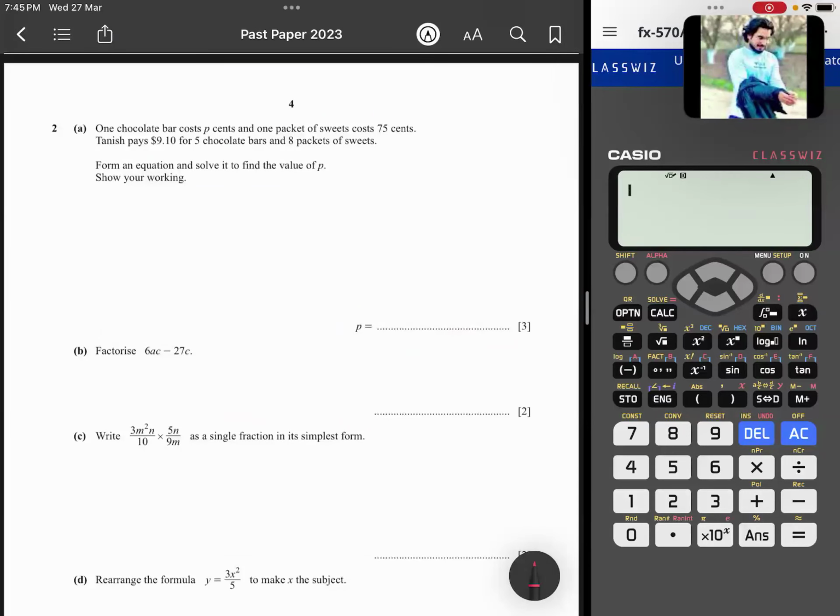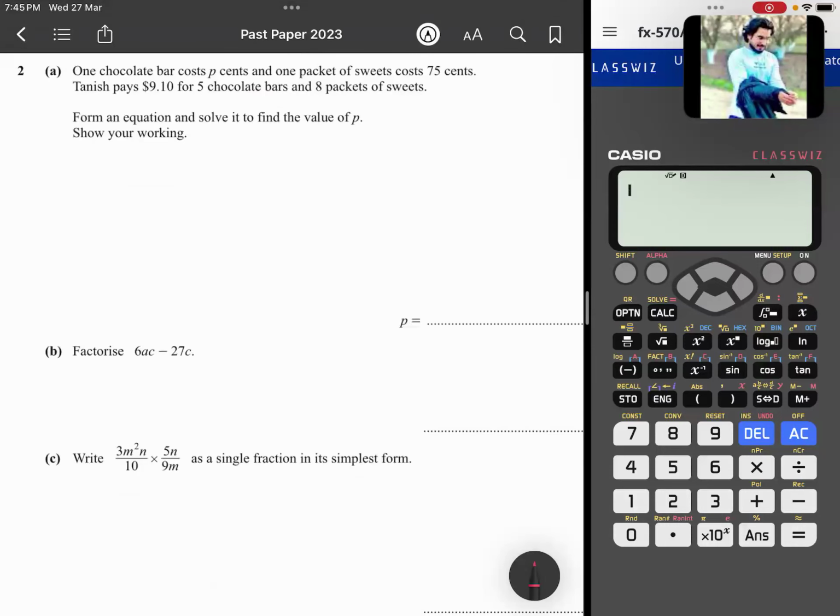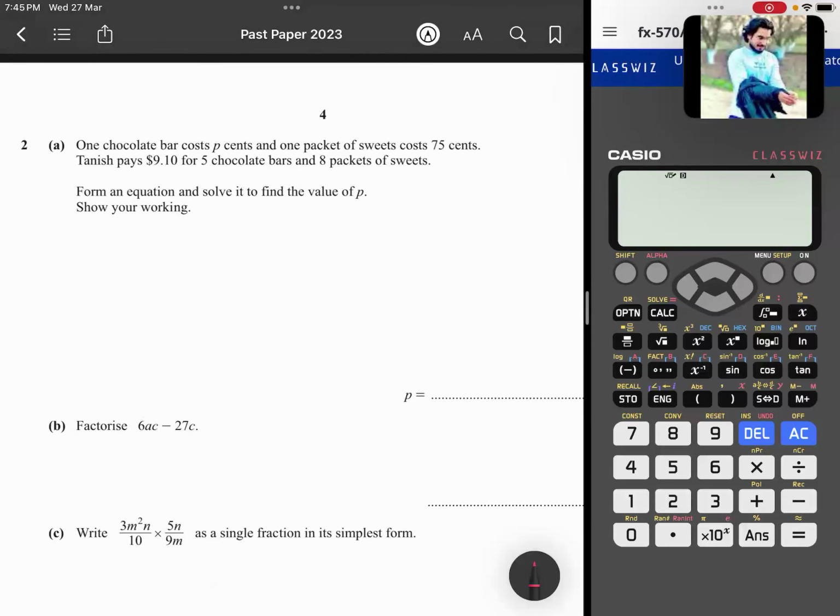Here is a good question. One chocolate bar costs 5 cents and 1 packet of sweets costs 75 cents. Tamish pays $9.10 for 5 chocolates and 8 packets of sweets. So 5 chocolates plus 8 packets of sweets, every sweet costs 75 cents, and he paid $9.10, meaning 910 cents.